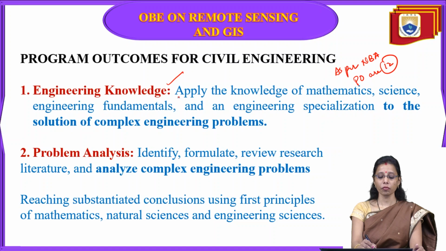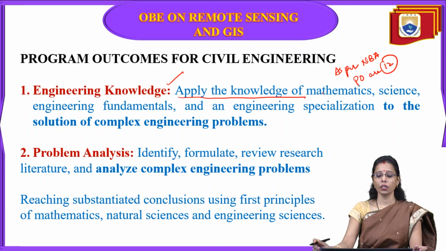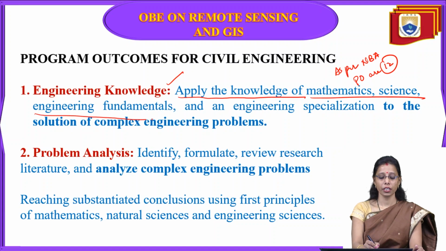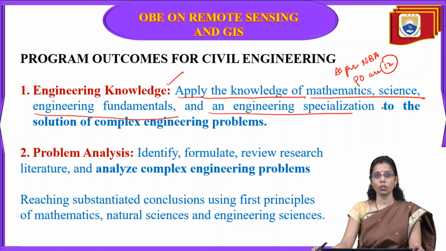It says: apply the knowledge of mathematics, science, engineering fundamentals and engineering specialization to the solution of complex engineering problems. So it tells us to apply the knowledge of mathematics, science, engineering fundamentals and engineering specializations to the solution of complex engineering problems.